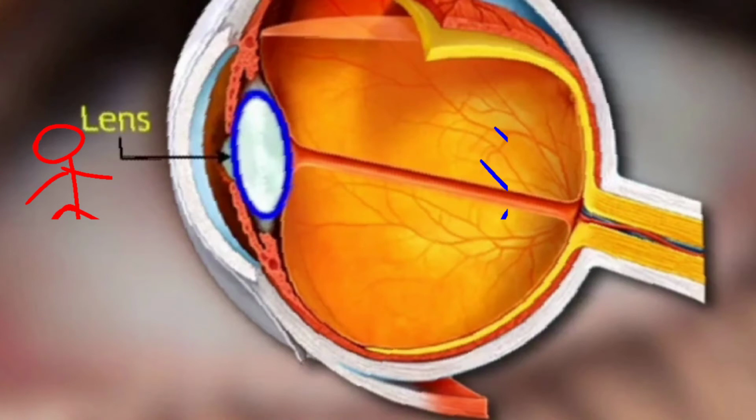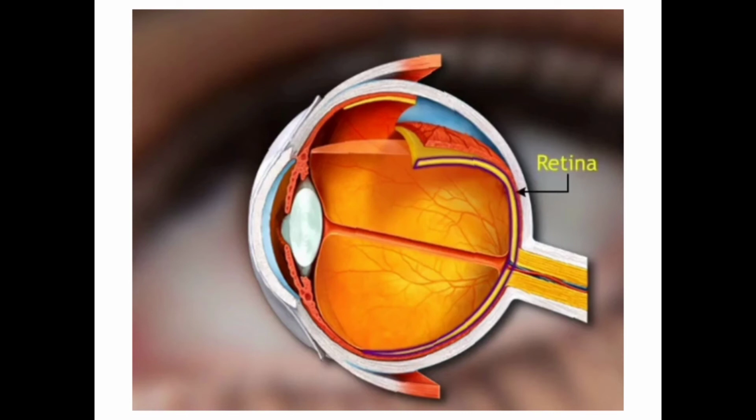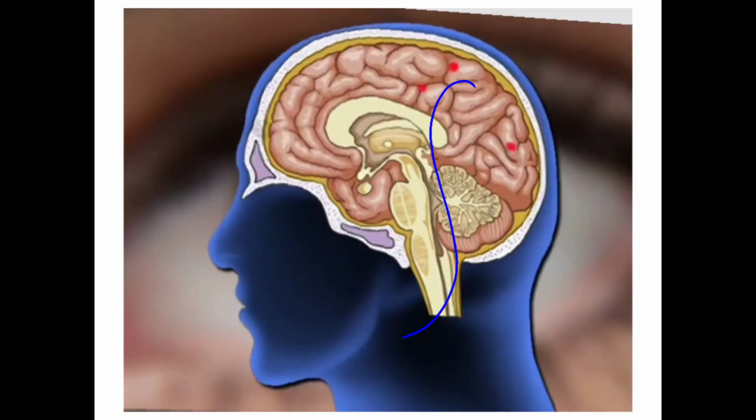But what happens is, children, this retina is made up of light sensitive cells. These cells get excited when the light falls on them and they generate electrical signals, and these signals convey the message to the brain through the optic nerve.